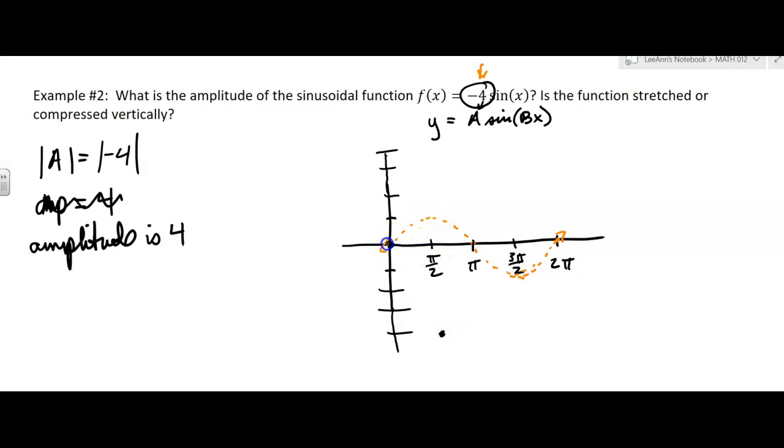This point will still be here, 0, 0. I'll still have a point at pi, 0. But then my 3 pi over 2, instead of being at -1, it's going to go up to +4. And then I'll have a point there at 2 pi, 0. So my curve looks like this over one period, kind of something like that, okay? So we do get that reflection because it was a -4.